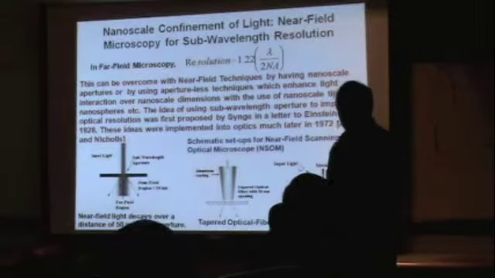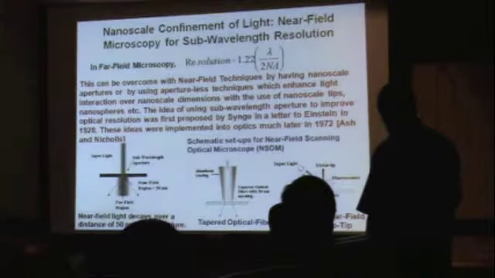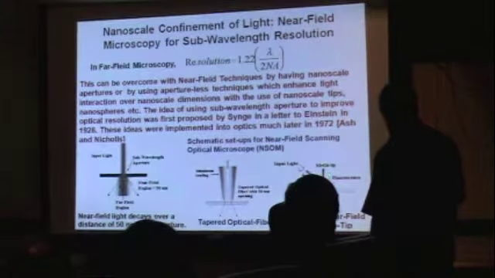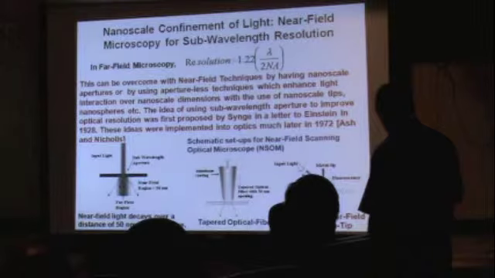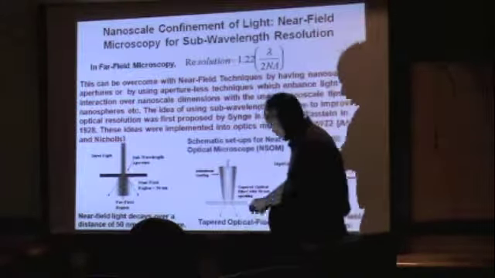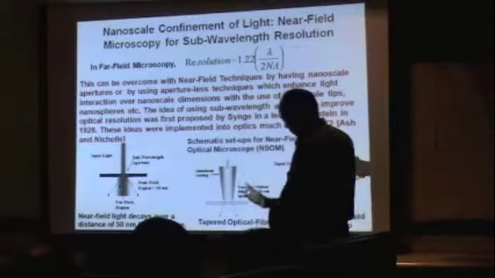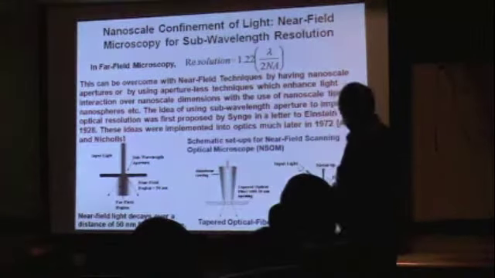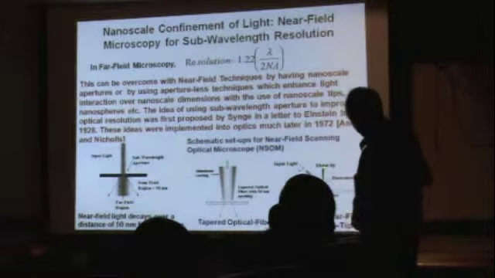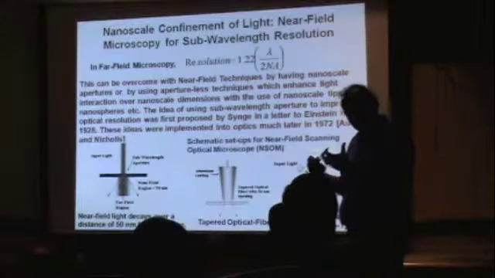And of course there are related techniques, called apertureless imaging. Here you have a metal tip. Just like outside this aperture, where you have near field light up to say tens of nanometers, in exactly the same way, if I have a metal tip here and I shine a laser, then close to this metal tip you have near field radiation.